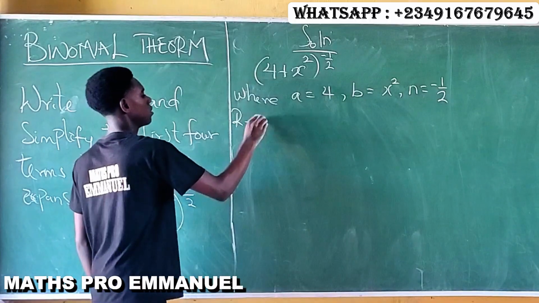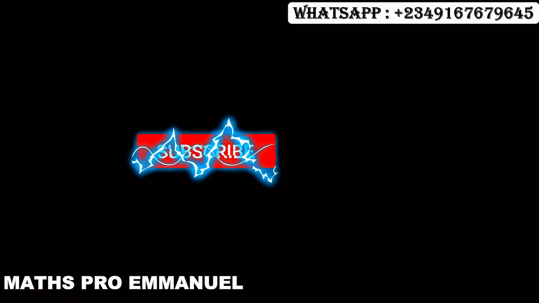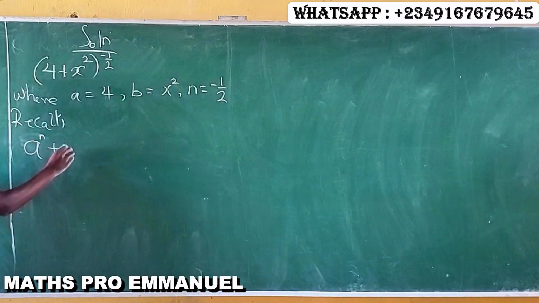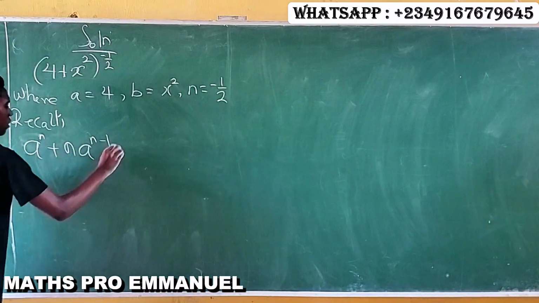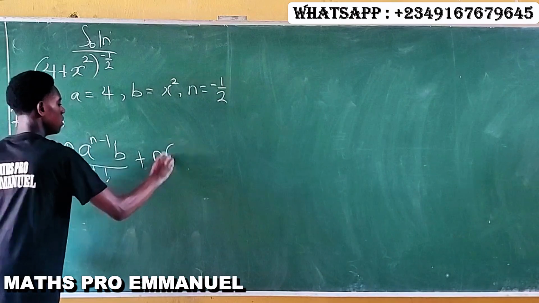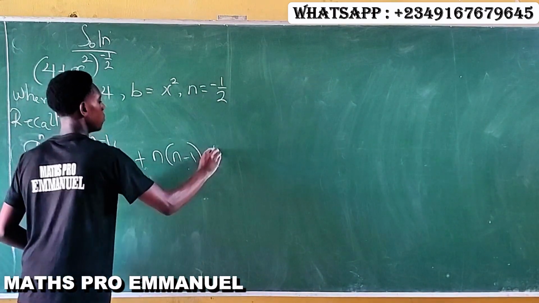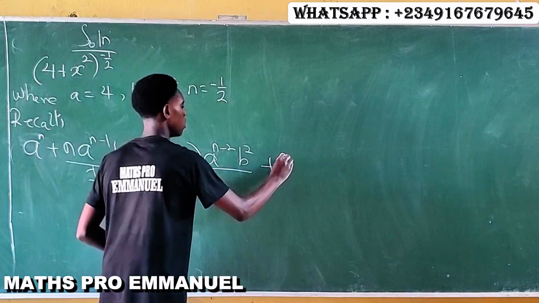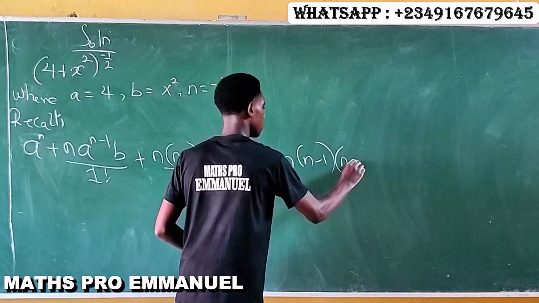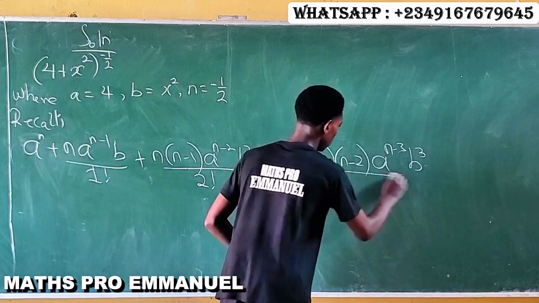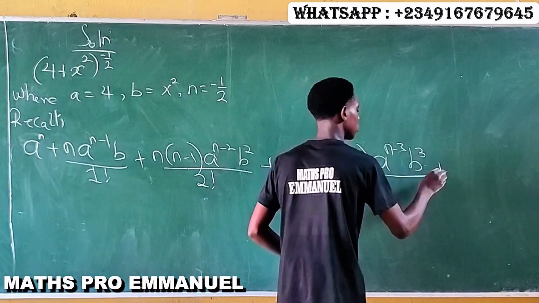The formula is a raised to the power of n, plus n a raised to the power of n minus 1 b all over 1 factorial, plus n into n minus 1 multiplied by a raised to the power of n minus 2 b squared all over 2 factorial, plus n into n minus 1 into n minus 2, a raised to the power of n minus 3 b cubed all over 3 factorial, plus ellipsis.